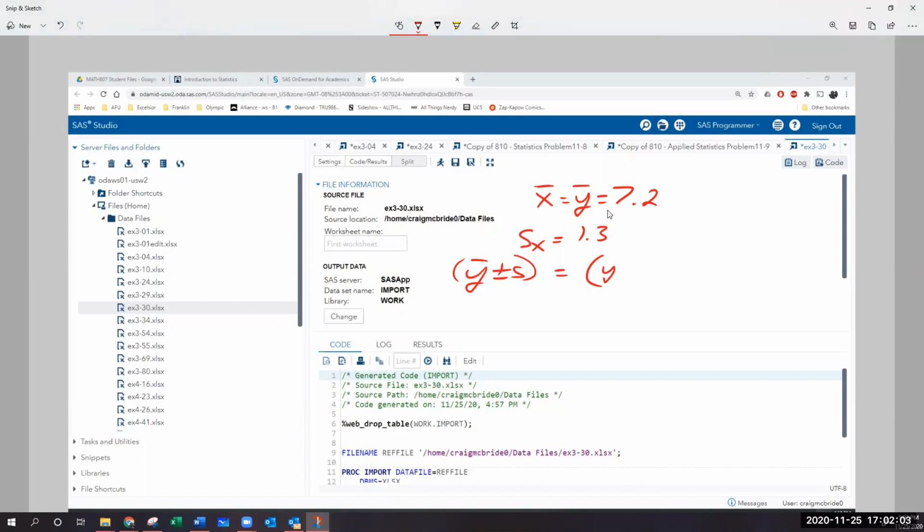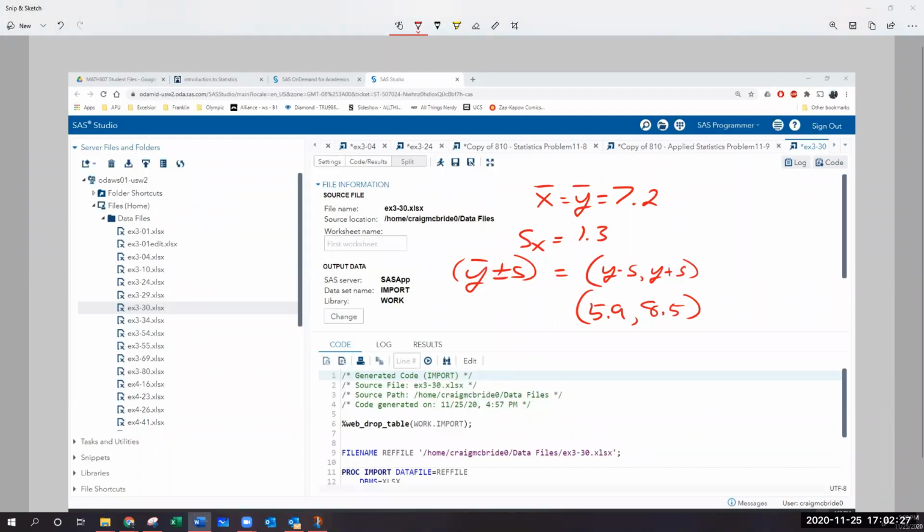So you're going to have basically y minus s comma y plus s, right? So this is going to be 7.2 minus 1.3. So of course that's 5.9, and then 7.2 plus 1.3 becomes 8.5. So that's the first interval.